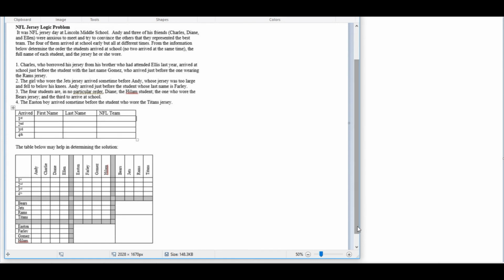With all the Facebook things and all the things going on about the NFL, I thought this is an appropriate time to do this. We won't have the Star Spangled Banner or anything, so you don't have to worry about whether to stand or kneel. But what you do is you try to figure out, based on the clues, who was wearing what jersey, who arrived first, second, third, and fourth, what were their names, first name and last name, and what jersey that person wore. Those are the clues that you would have.